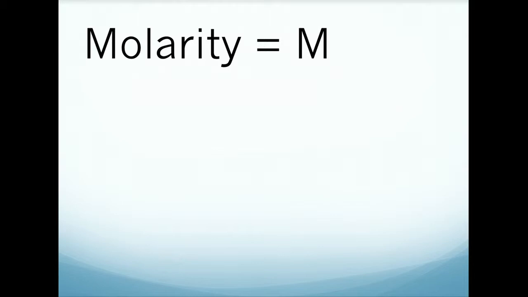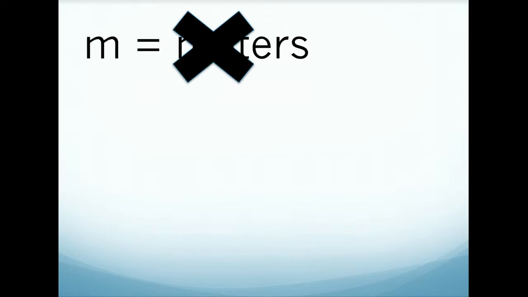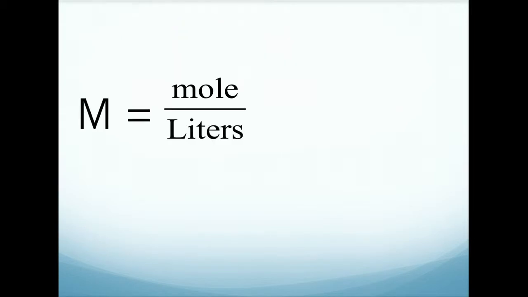The symbol for molarity is capital M. We can't use a lowercase m because that means meters, and we're not talking about meters, so it has to be the capital M for molarity. And the formula for that is moles divided by liters. And that's if we're solving for molarity.